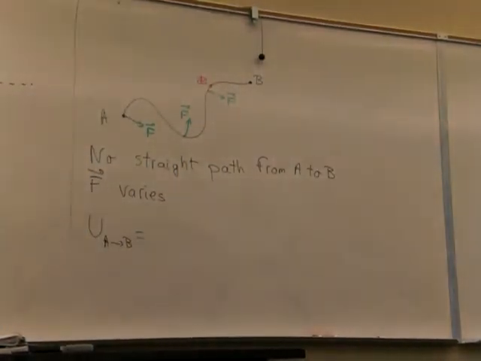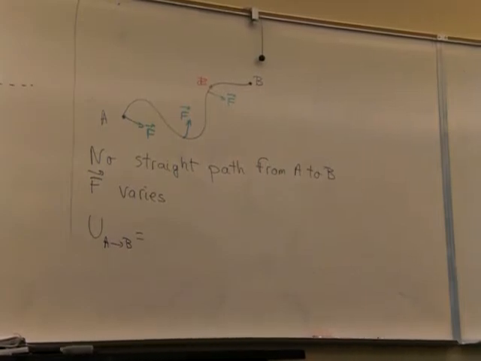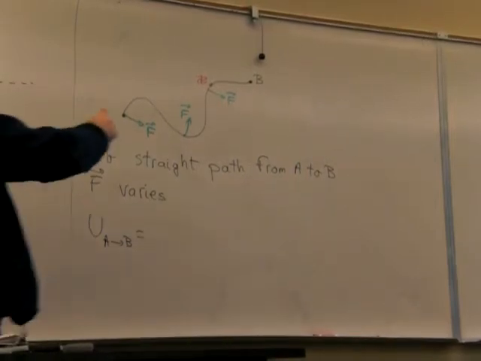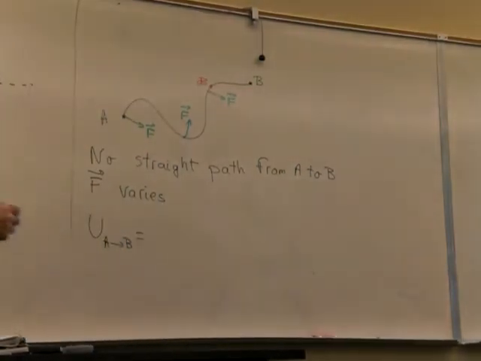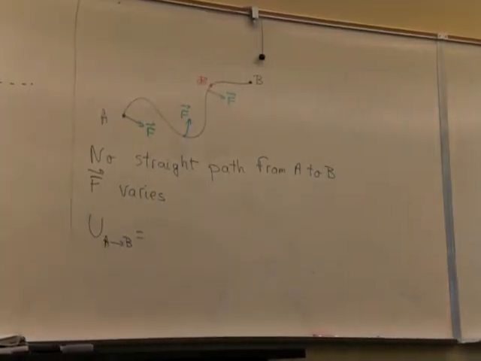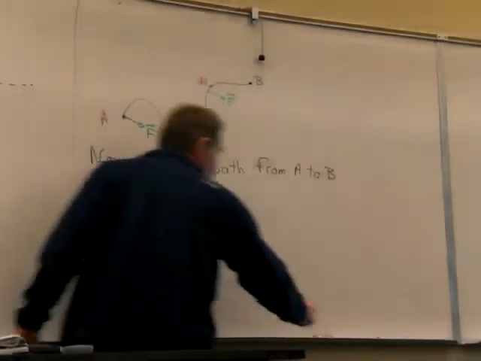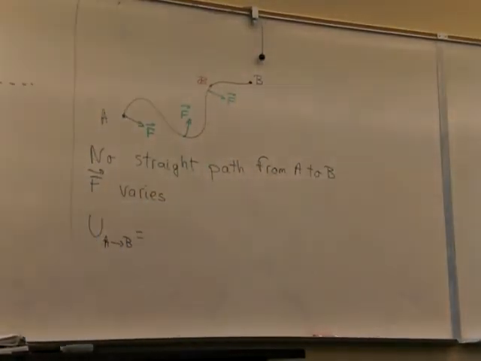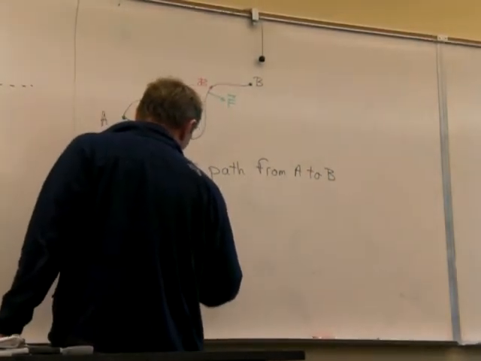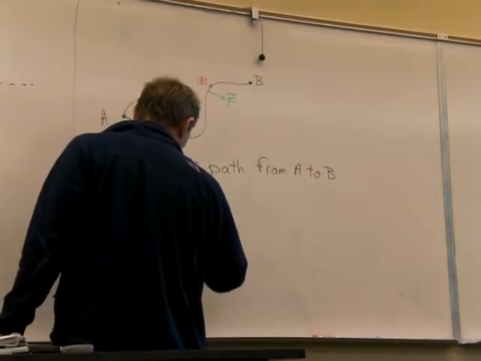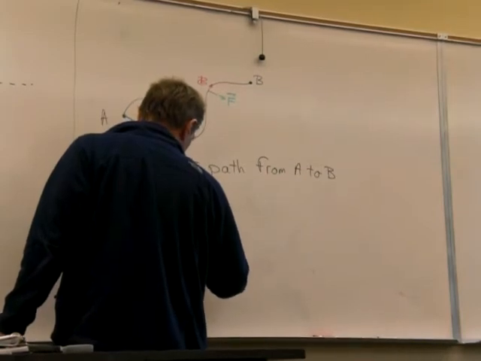And over that small ds, F is not changing, and ds is small enough so that it is a displacement like what we have here. So the amount of work done here would be F dot ds, and then you just do a line integral to find the full work. So you would get the line integral from A to B of F dot ds.